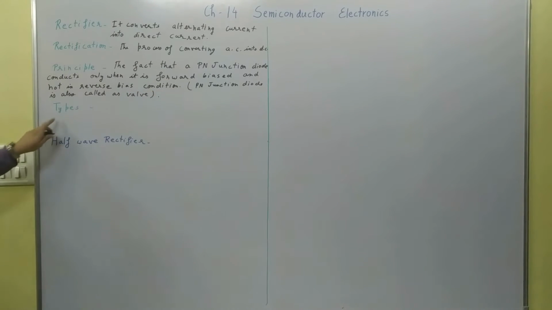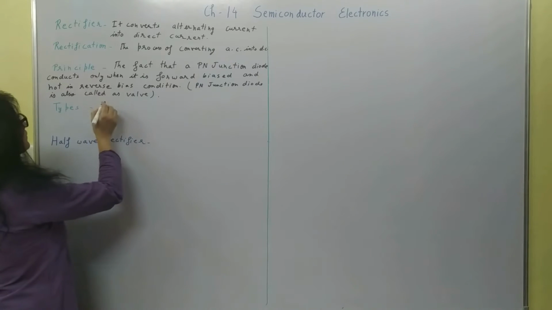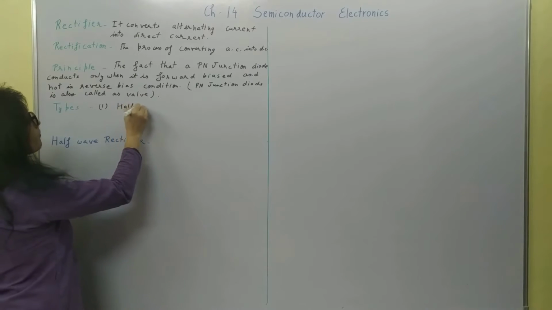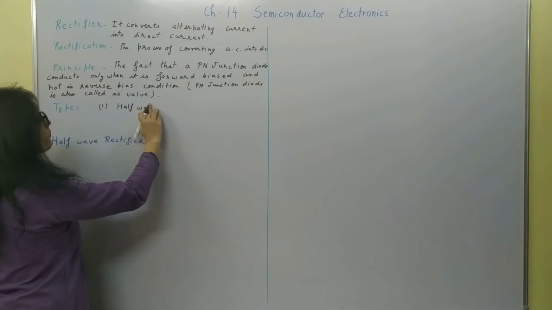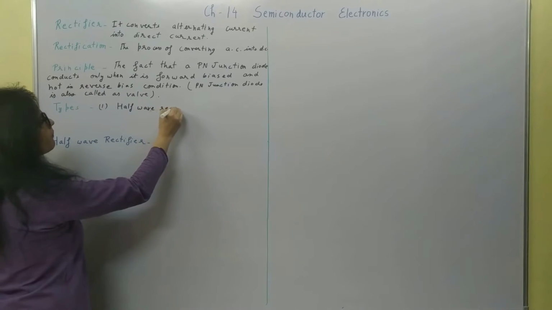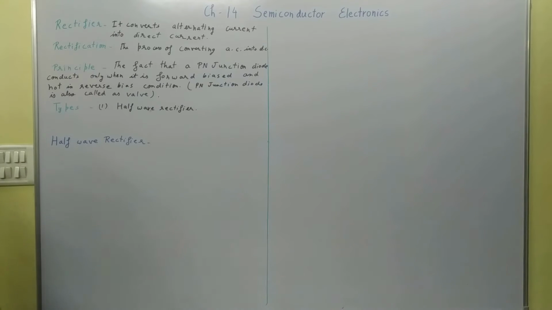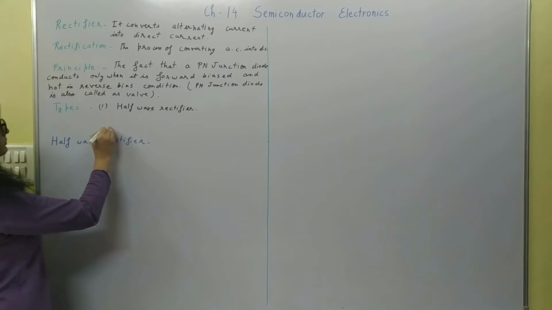Right? So how many types are there? There are two types of rectifiers. One is the half wave rectifier, and the other is the full wave rectifier.